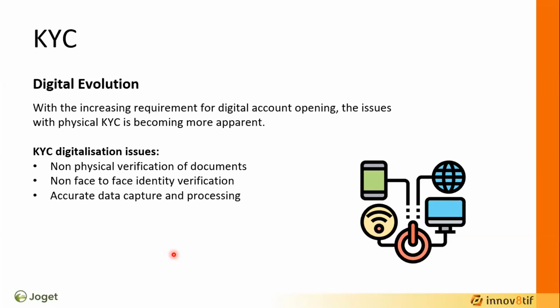So one issue KYC faces is that non-physical verification, that means AI-powered verification of documents, is needed for KYC to evolve, as well as face-to-face verification. So things like biometrics: how is your app, how is your process supposed to automate the verification and authentication of your requesters and your customers? Third would be accurate data capture and processing, right? After they take a picture of their document, their ID card or their passport, we need to ensure that we are capturing the correct information.